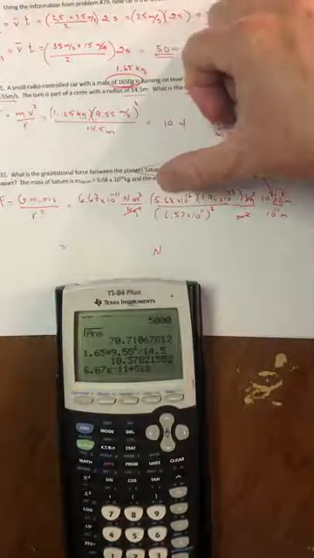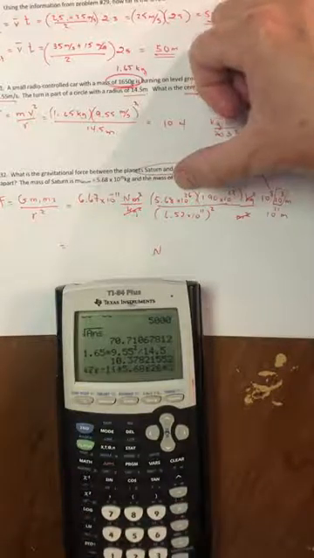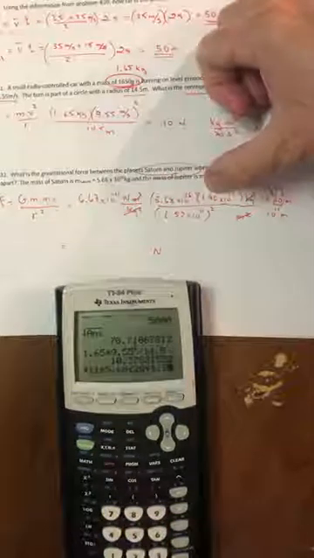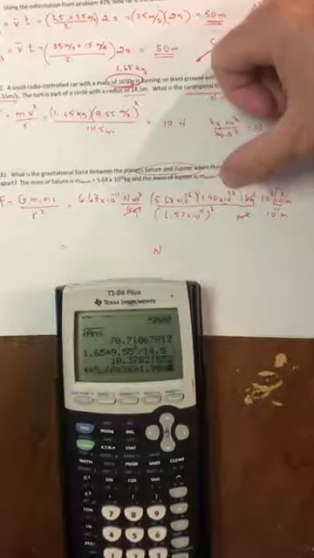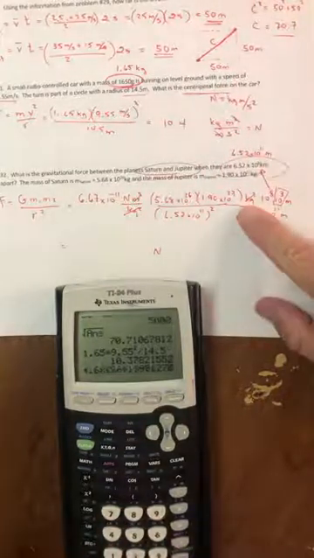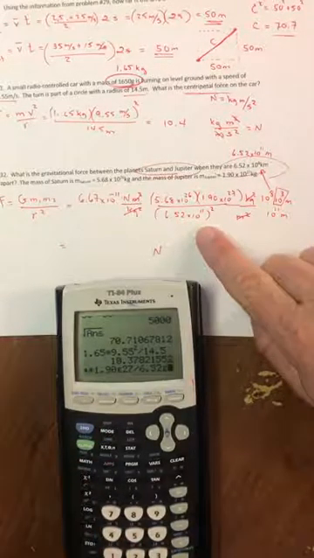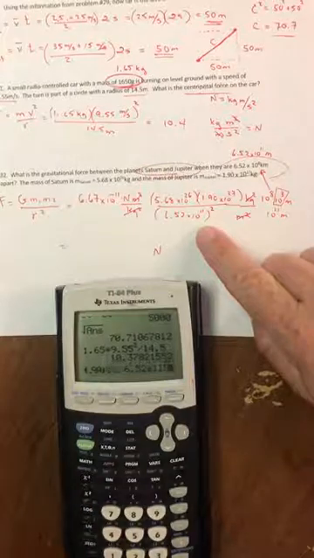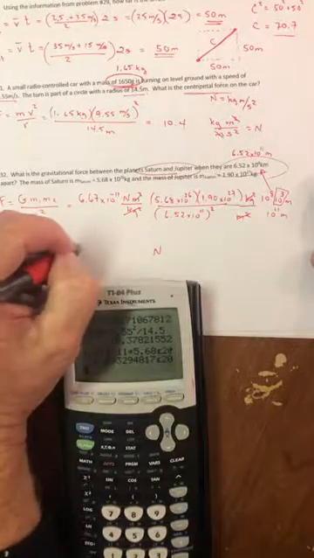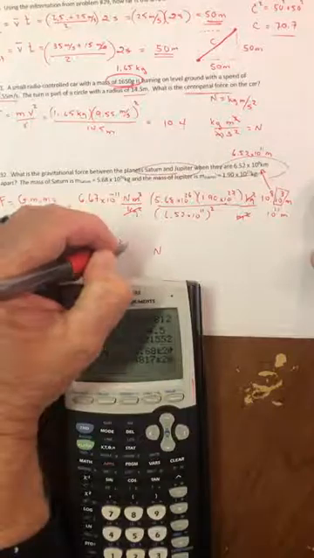I'll put in the 5.68 times 10 to the 26 for the mass of Saturn, 1.90 times 10 to the 27th for the mass of Jupiter, divided by 6.52 times 10 to the 11th squared for the distance between them. Hit enter, and we are looking at 1.69 times 10 to the 20th newtons.